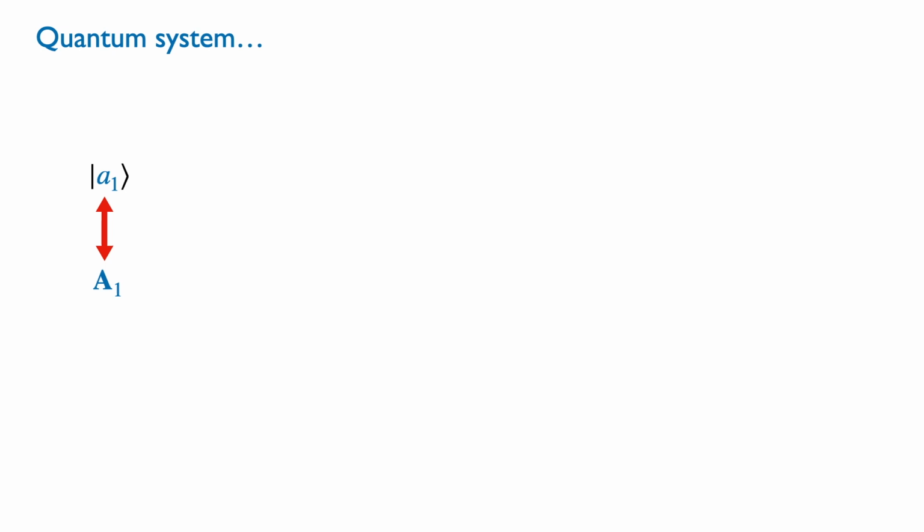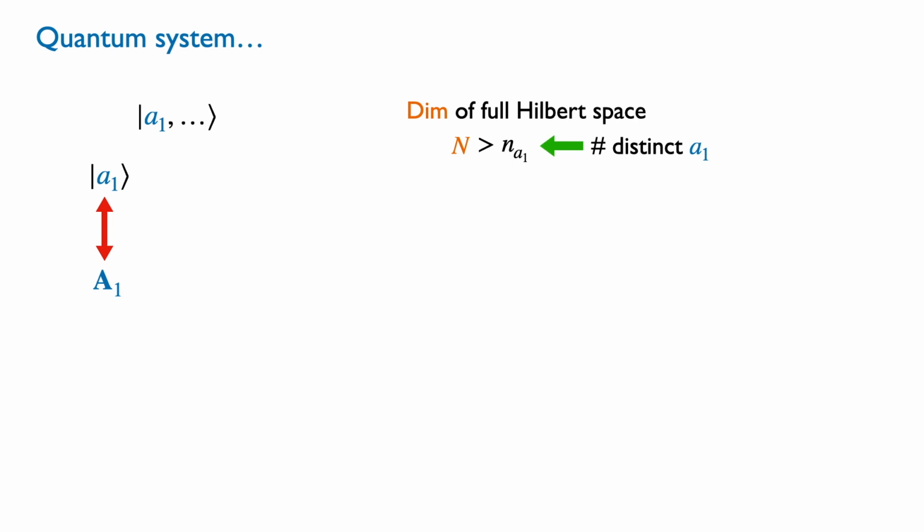Suppose there is still some information missing about the state, and the eigenvalue A1 is degenerate. This implies that the dimensionality of the full Hilbert space N is greater than NA1, which is the number of distinct values of A1. This means more variables are needed to describe the state.